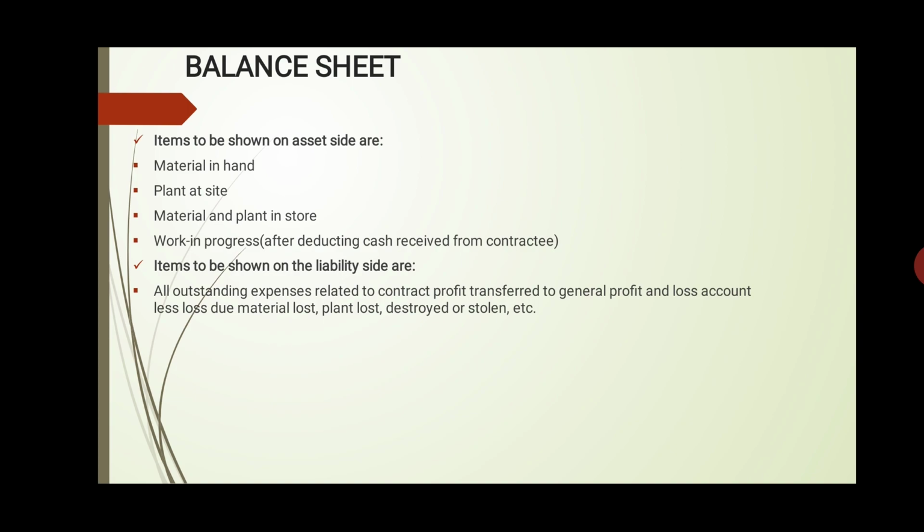On the asset side, you are going to show the credit side of the contract account, like material in hand, plant at site, material and plant in store, meaning they are still available with you, they have not been consumed in the process of the contract. Work in progress after deducting the cash received from the contractee.